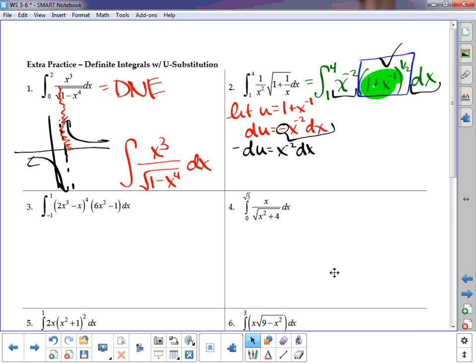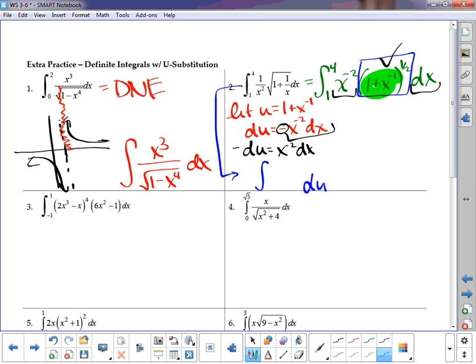So now I can rewrite my integral. Oh, we've got to change our bounds, so we'll do that in just a moment. So our x to the negative second dx was just du, and this guy here was just u to the 1/2. Now, this is negative du. I'm going to bring that negative out in front.